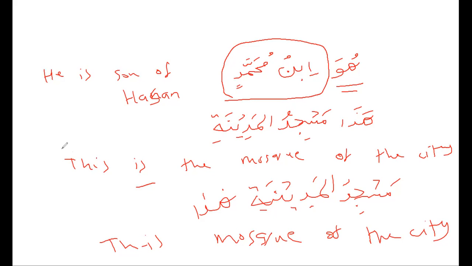Here, there's no way of saying that, because haza masjidul madinati is still a full sentence; we can't have alif lam with masjid. So the first one, written normally, is the nominal sentence: this is the mosque of the city. To change it to an adjective, we put haza afterwards. This rule is just there to differentiate between the two. Does that make sense?